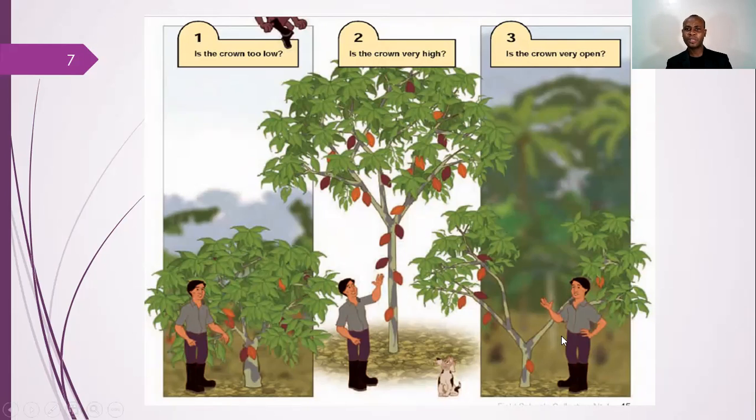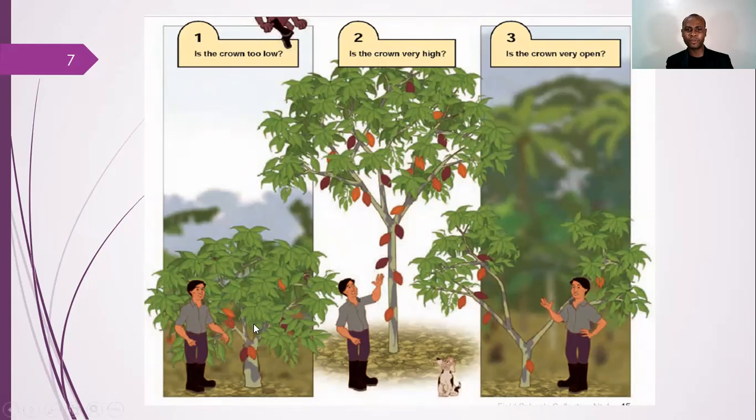How about this one? Is the crown too open? The answer is yes. So this tree was also not properly trained. All the 3 images here look like a cacao farm which was not really properly managed. So if your farm looks like any of these 3, it means that proper management is not taking place on your farm.